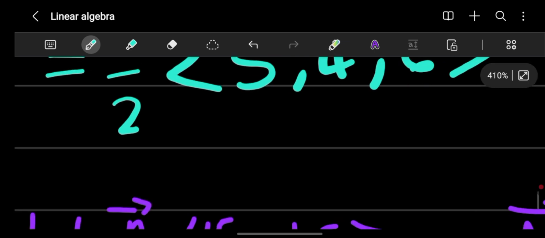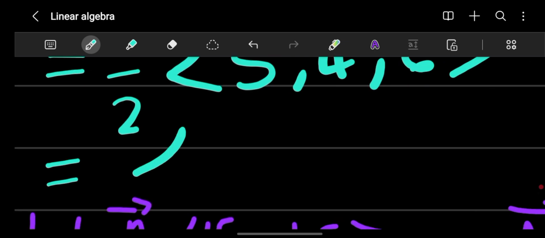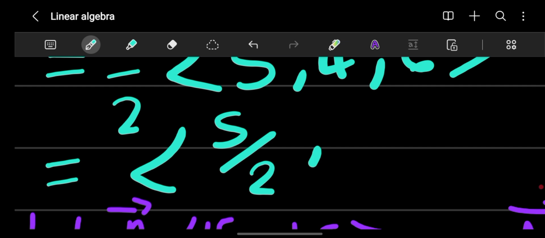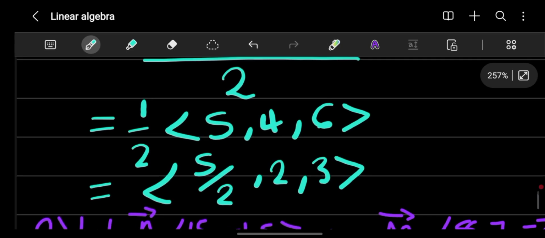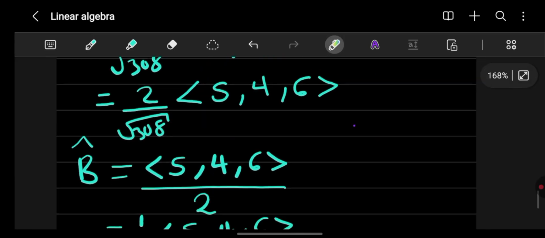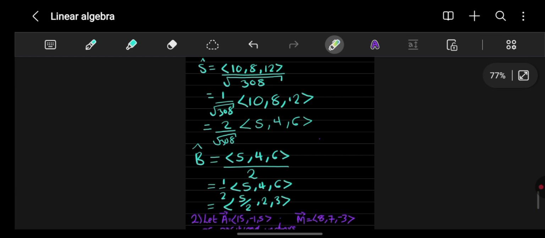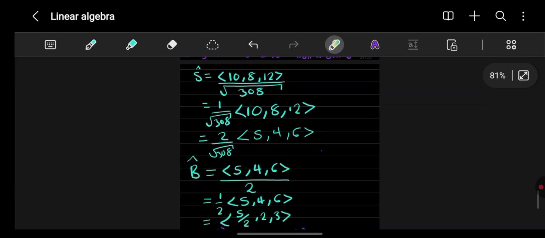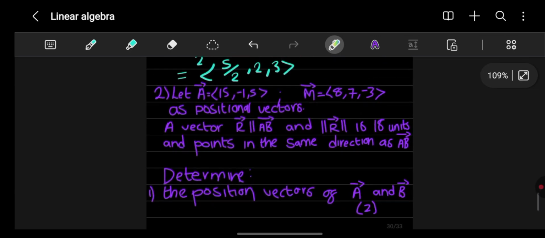Finding B would be 5 over 2, 4 over 2, that's 2, and 6 over 2, that's 3. So that's B, and if you check, B is indeed parallel to S. I think I did it correctly, I'm not sure, but it can be something like that.